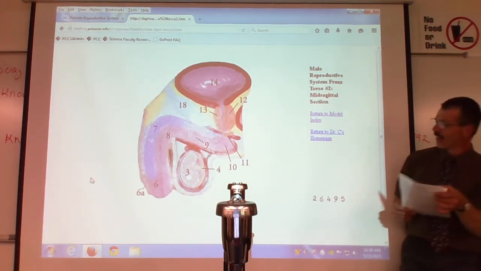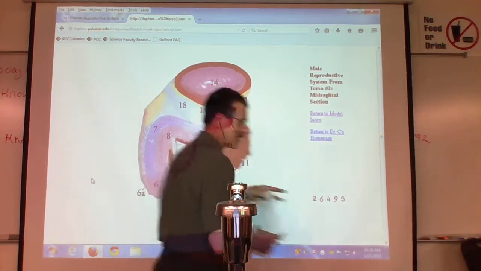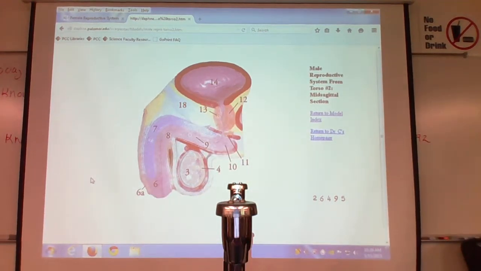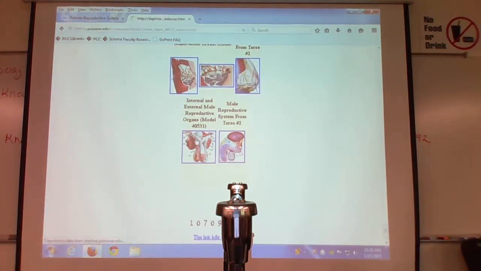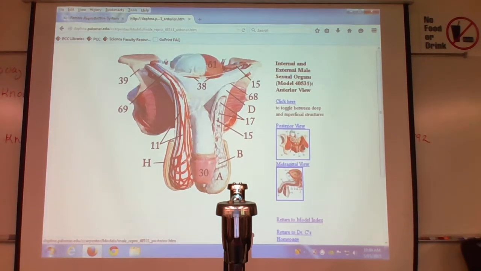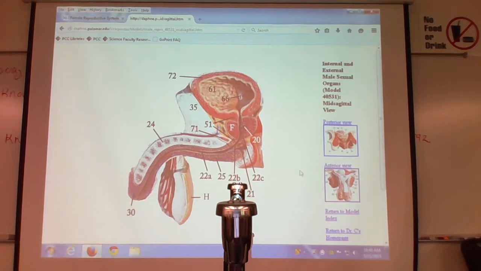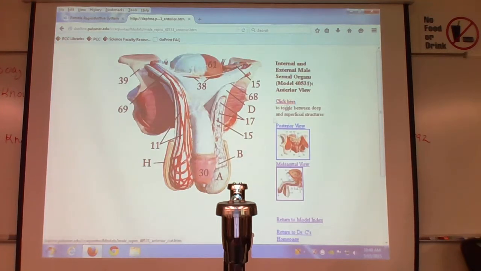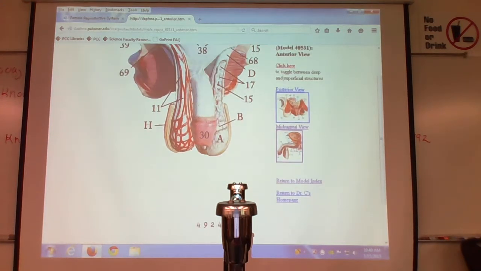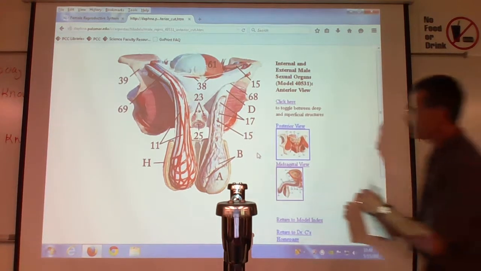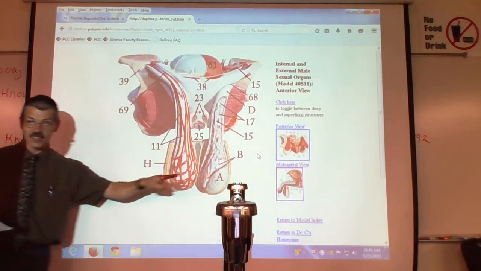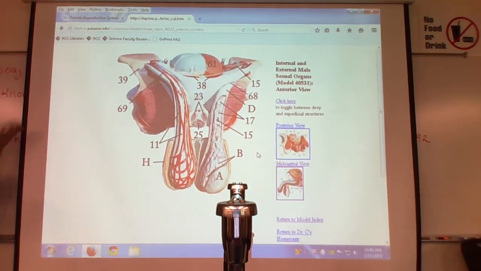Right. So we have the epididymis. A was the testis, B is the epididymis. If I touch the white part of the testis, I'm touching the albuginea.